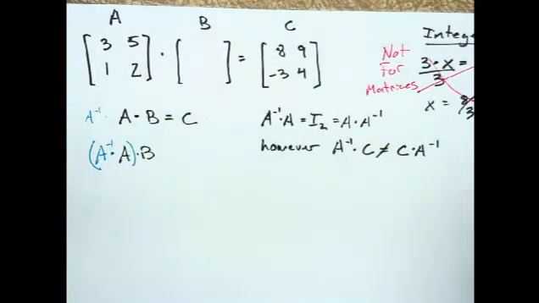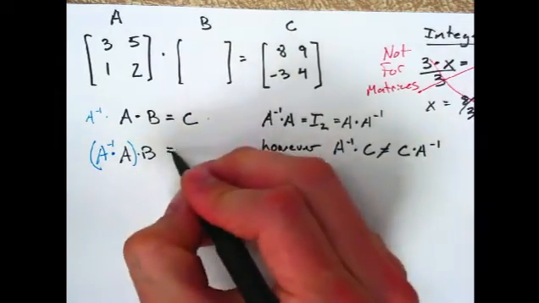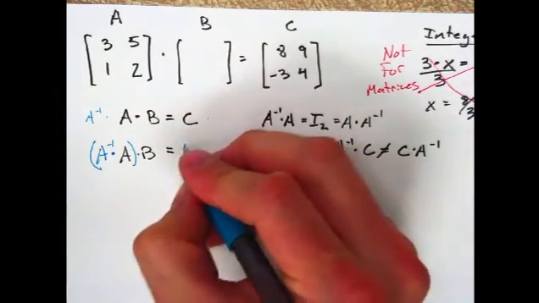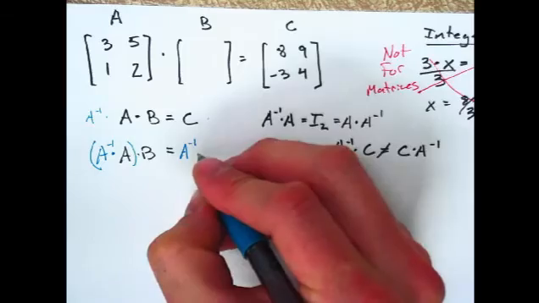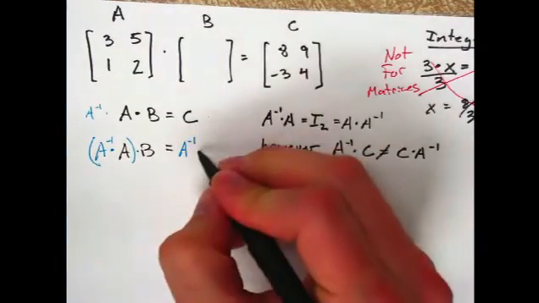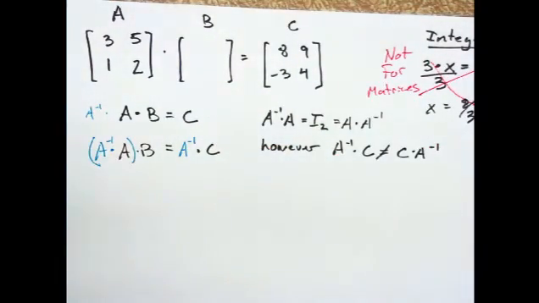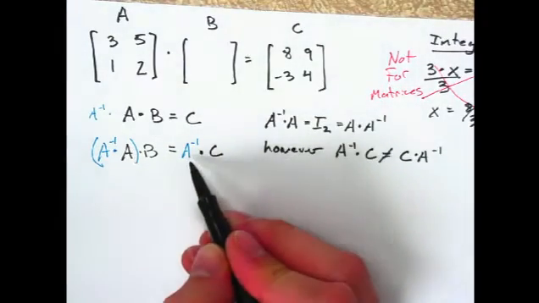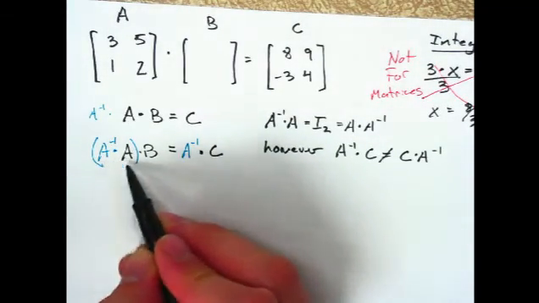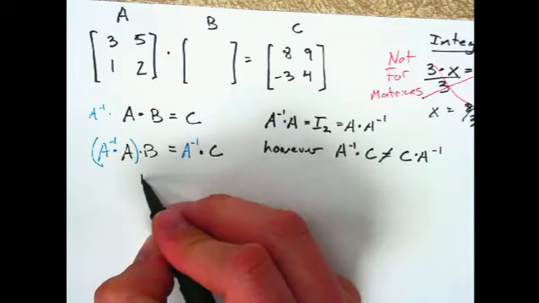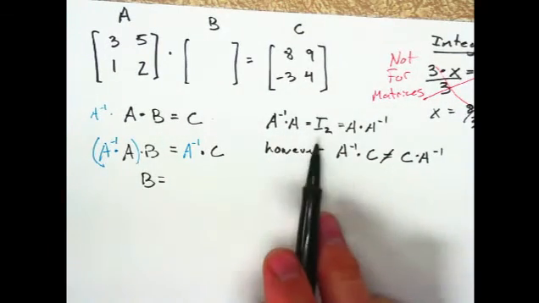We're going to be able to group those together, but that means you also have to multiply on the left for the right side of the equation. So you have the inverse of A times C. You have to sneak that inverse of A in there. When you multiply, they're going to cancel out and just be the identity.